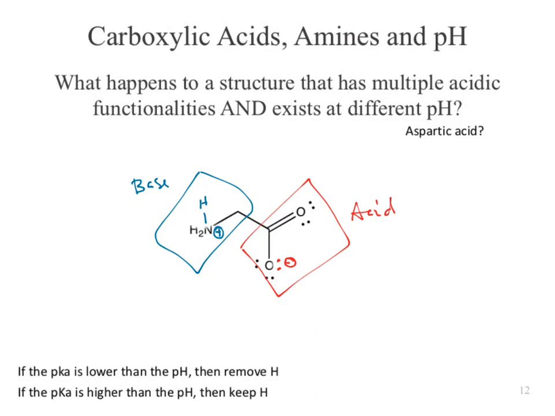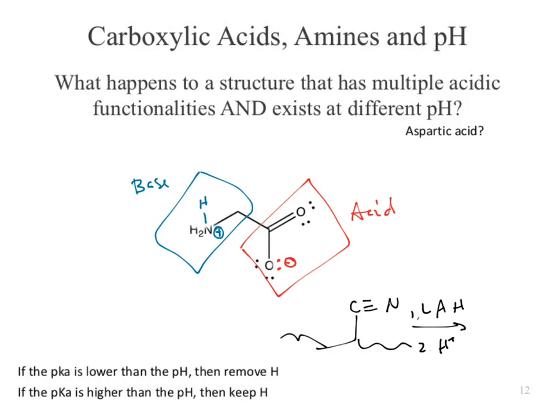You have experienced this, how should I put it nicely, uncomfortable situation in the homework already. There was a question about what happens when you add lithium aluminum hydride to a nitrile structure. I believe you had something like this. You had LAH followed by H+.